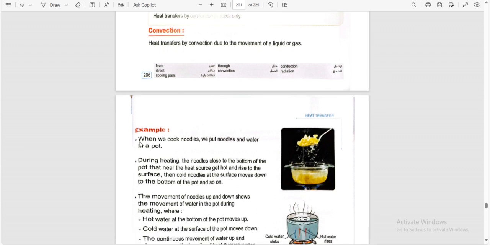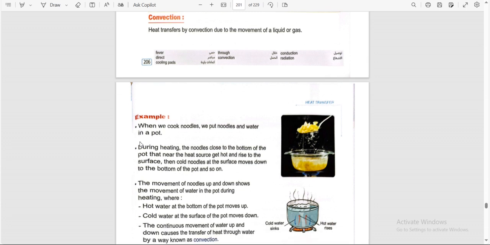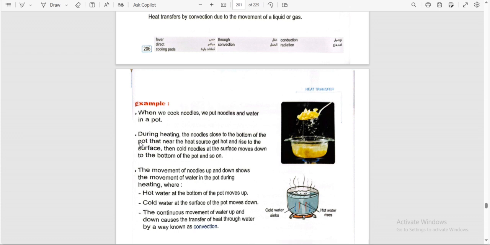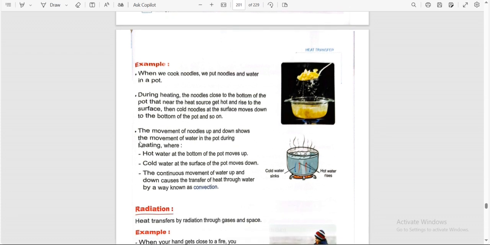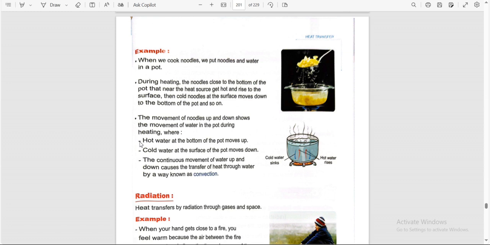Next we have convection. Convection is the heat transfer due to the movement of the particles of liquids and gas. So it's unlike conduction, which is in solids only, this is in liquids and gases only. Good. So what happens in convection? Let's imagine you are heating this pot, and the first layer of water is heated.